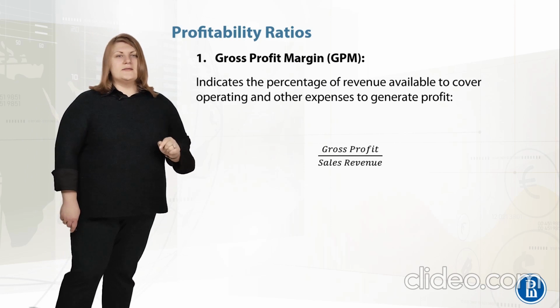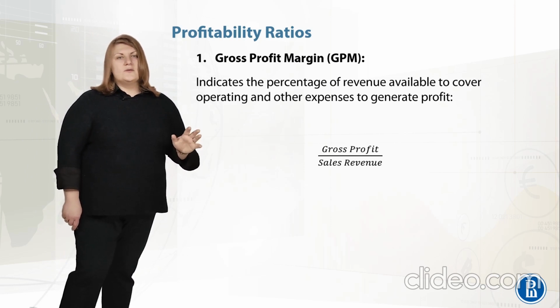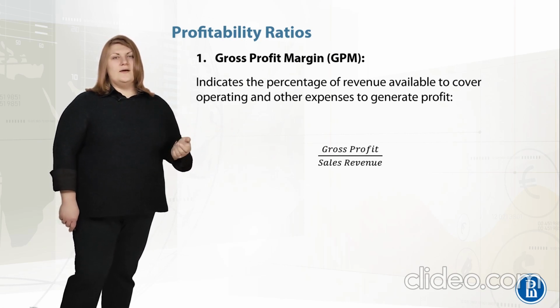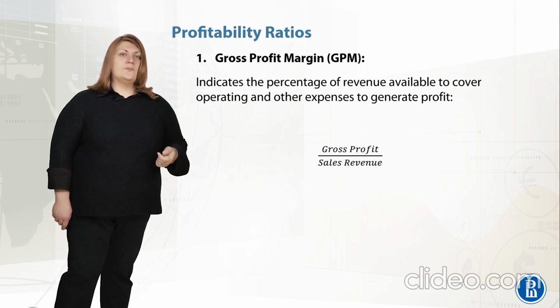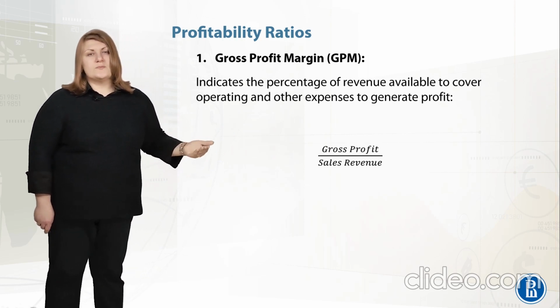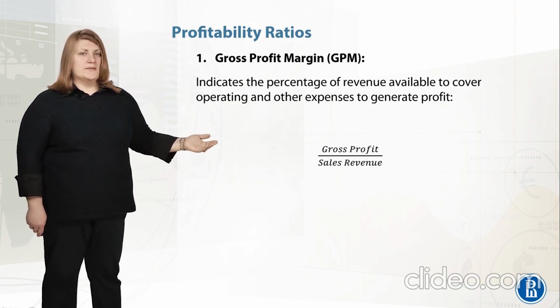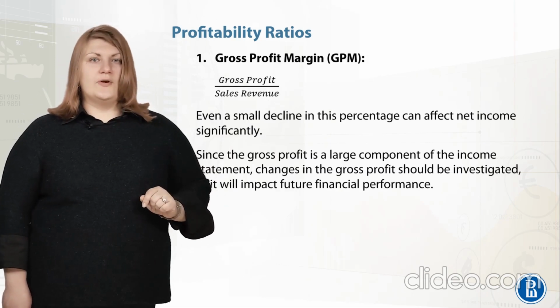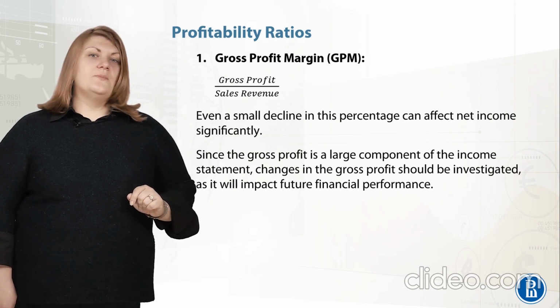Here you can see that this ratio will indicate the percentage of revenue available to cover operating and other expenses to generate the profit, which is just gross profit over the sales revenue. The next type of ratios is gross profit margin.